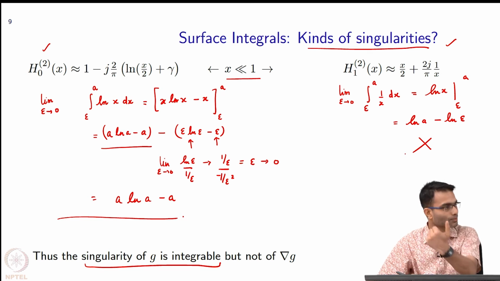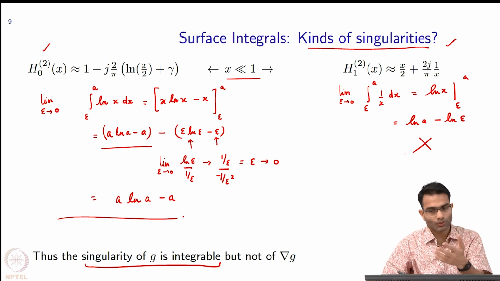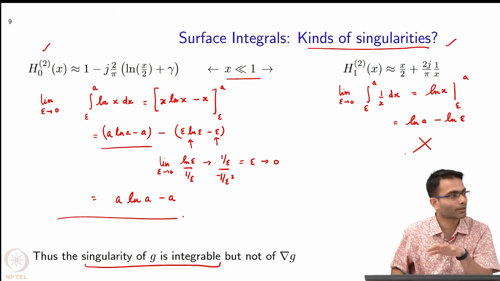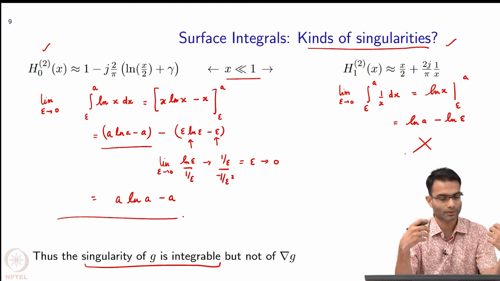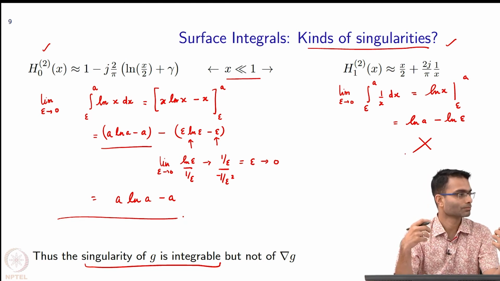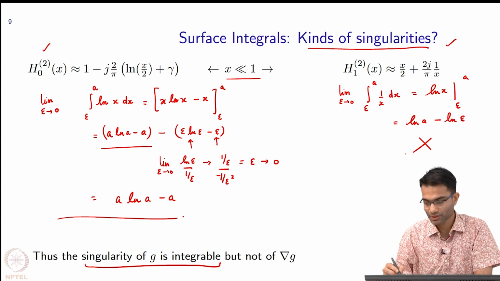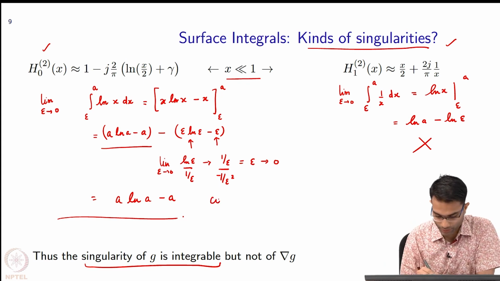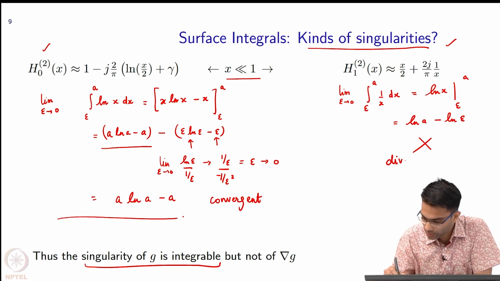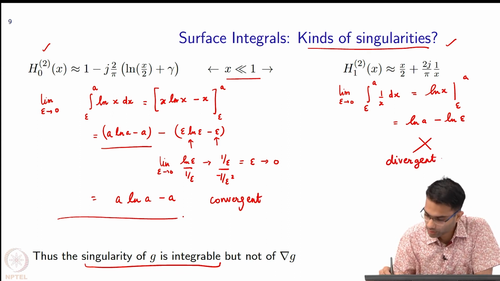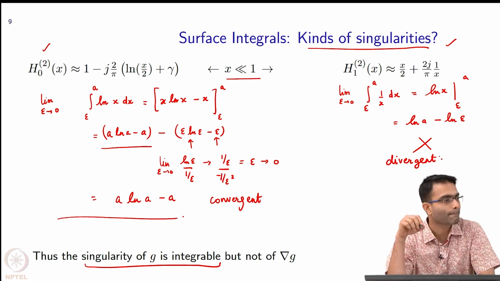If I integrate this once more, I will get something finite. Integral of log x is finite. So, this singularity over here is in some sense a stronger singularity than log x. So, this integral I will call a convergent integral, and this is a divergent integral.